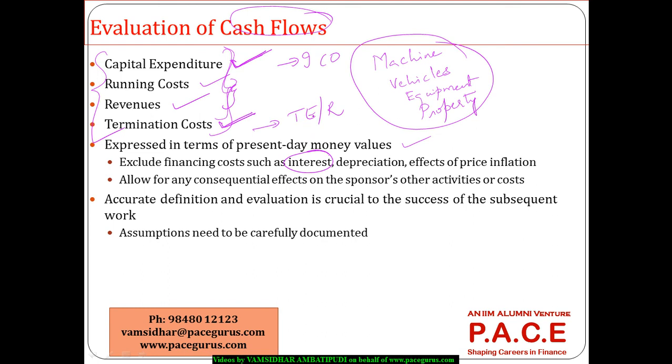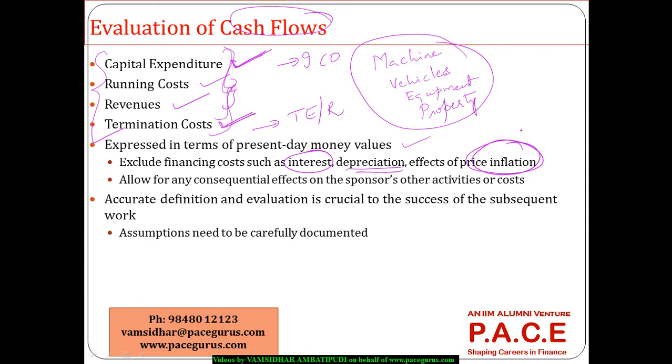Project wise, how much revenue and expenses it is generating at different points in time. So we don't include the financing costs. We don't include the depreciation, because depreciation is just a virtual spreading of the cost. It's not a real cash flow that is incurred, and we do not consider even the inflationary aspects in it.